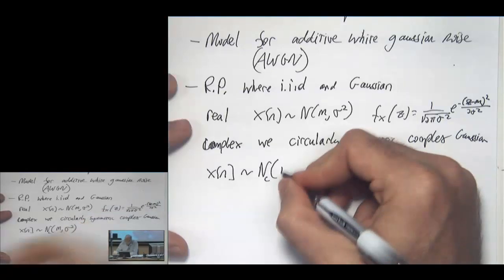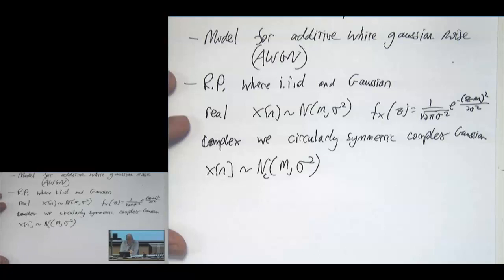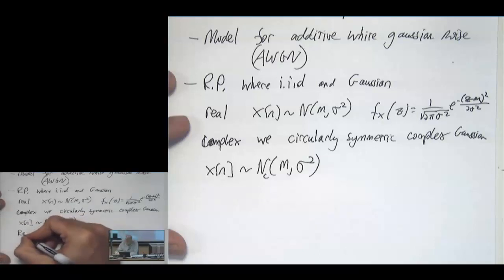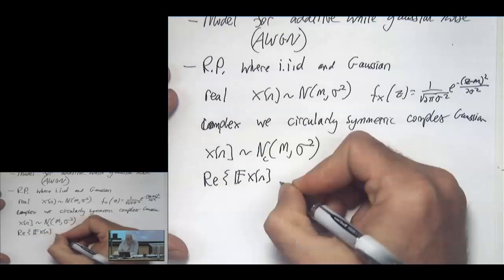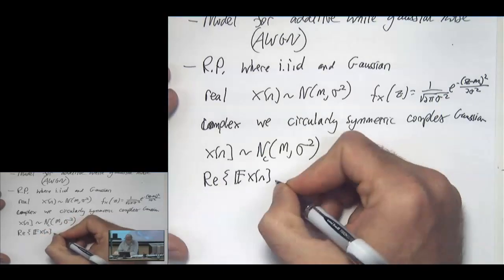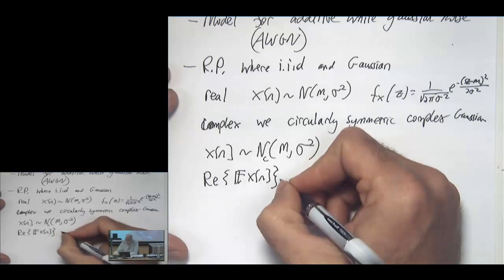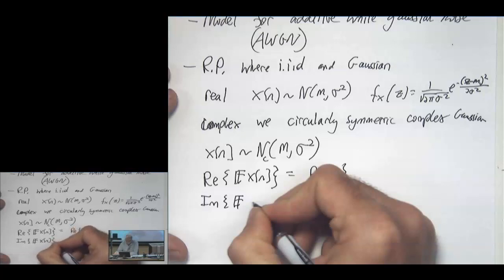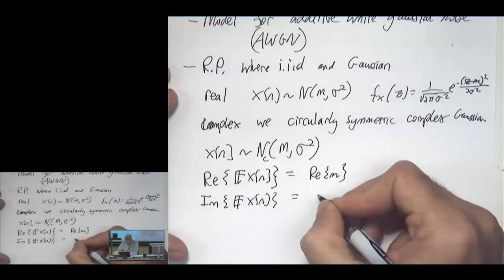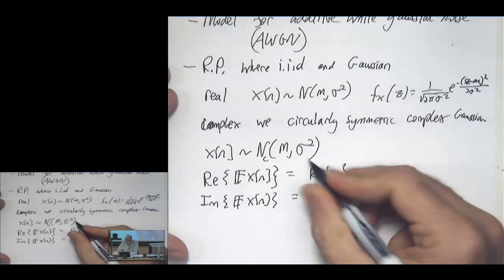So we get n of m comma sigma squared, and what this means is that the real part of the expectation of x of n is going to be equal to the real part of m. The imaginary part of the expectation is equal to the imaginary part of m.